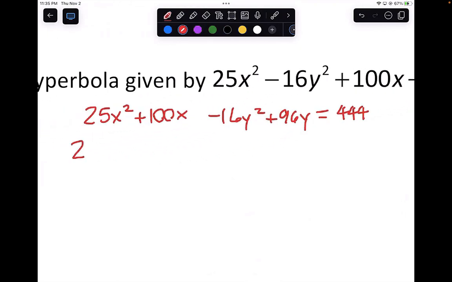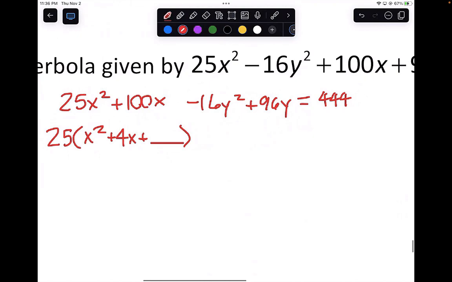Then we're going to factor out on both groups. We'll factor out 25: x squared plus 4x, and then plus blank. On the other group, don't just factor out 16, factor out -16. That's real important, because you'll want positive y squared on the inside.